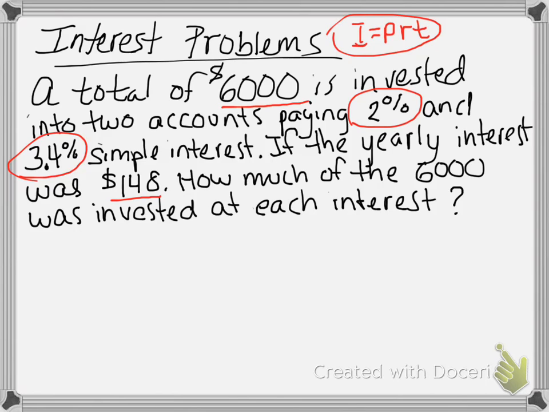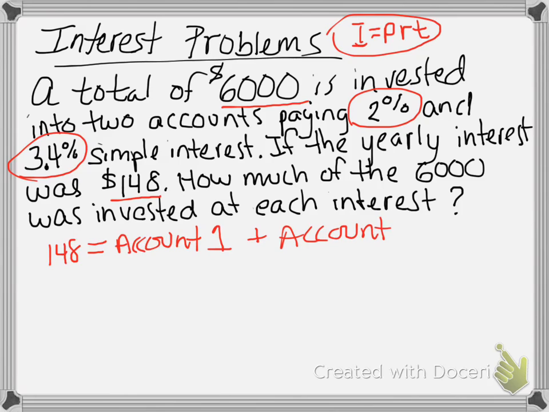So if you build an equation, if you say, I know that the 148 has to equal the account number 1 plus the account number 2, how much you make off of it. And so if interest equals P times R times T, how much do you put into account number 1?